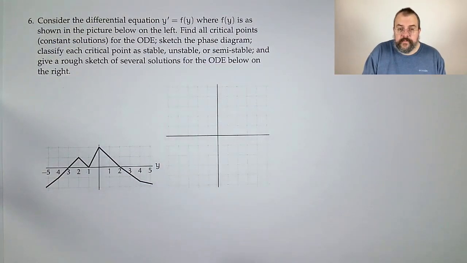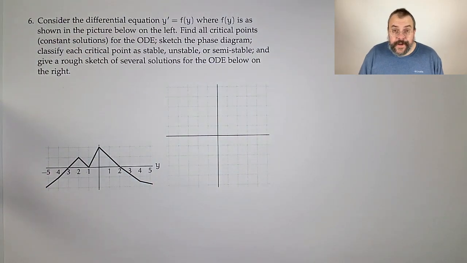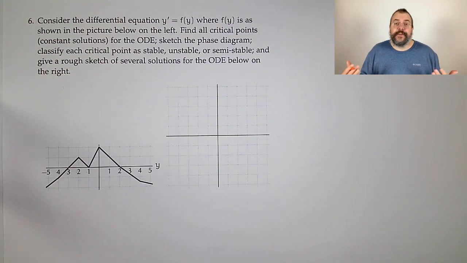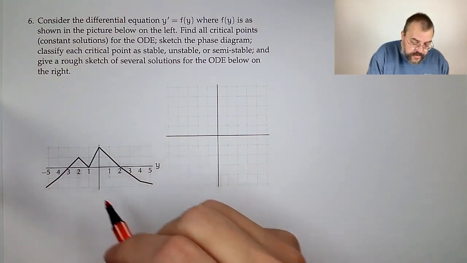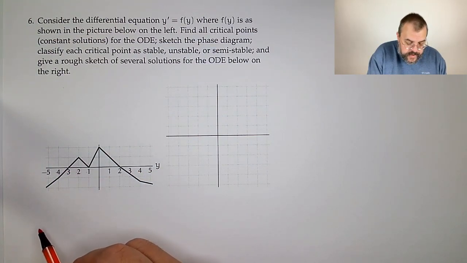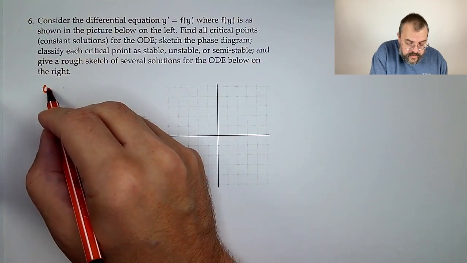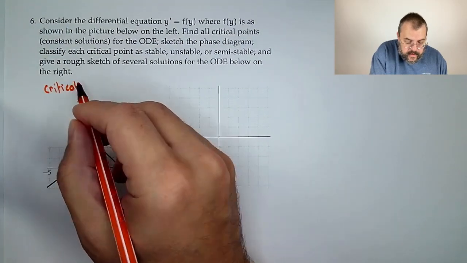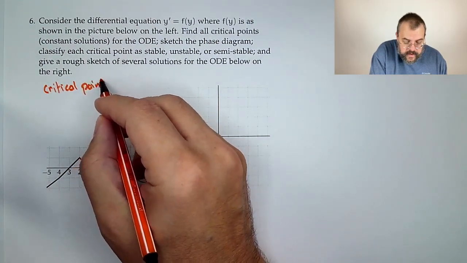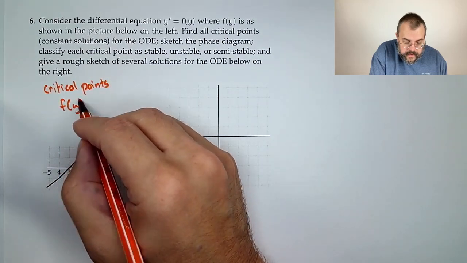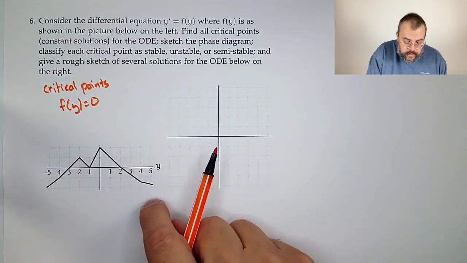So here's this space for us to work in. Now, it's actually easy to find critical points, right? Critical points are zeros. So if we want the critical points, critical points would be f of y equals 0. Well, here's f of y.